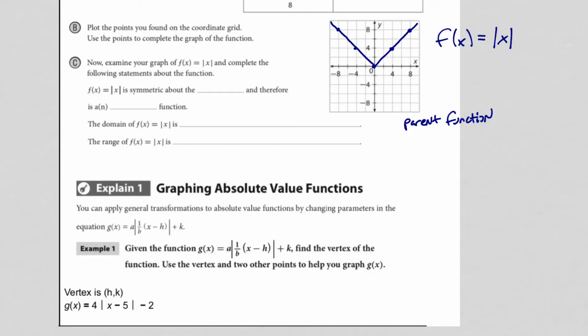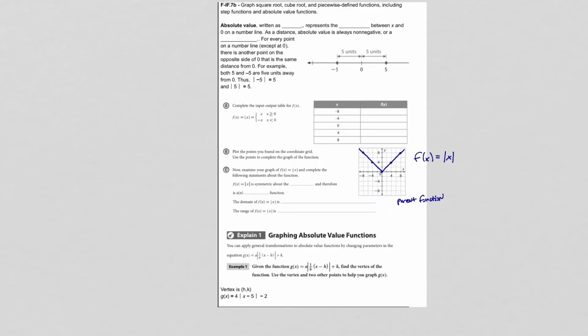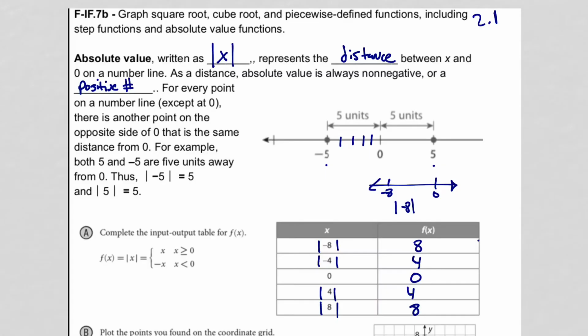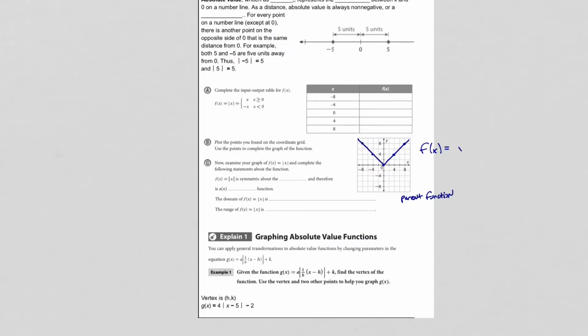Let's continue along our journey here, completing these notes. f of x equals the absolute value of x is symmetric about the y-axis. Oops, not sure why I did that. Bear with me a moment. Hold on. Here we are. Symmetric.